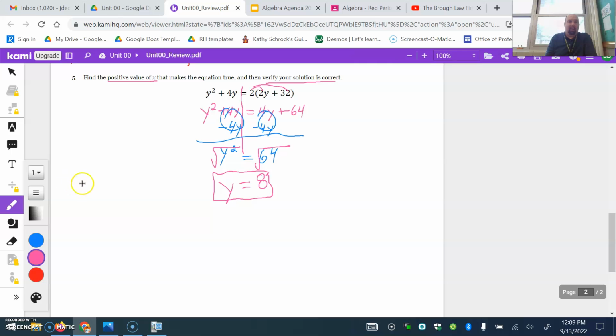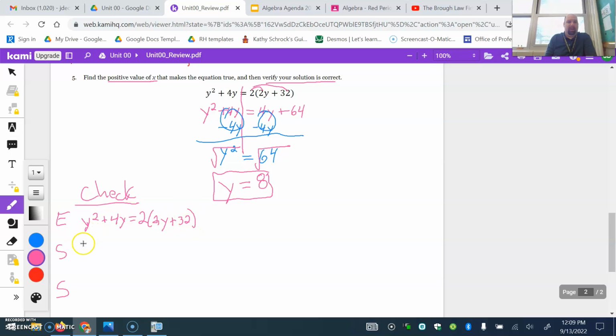Now, to do the check, find some space, check, and do ESS. If I don't see a substitution and an actual calculation, that is not doing the check. So y squared plus 4y equals 2 parentheses 2y plus 32.